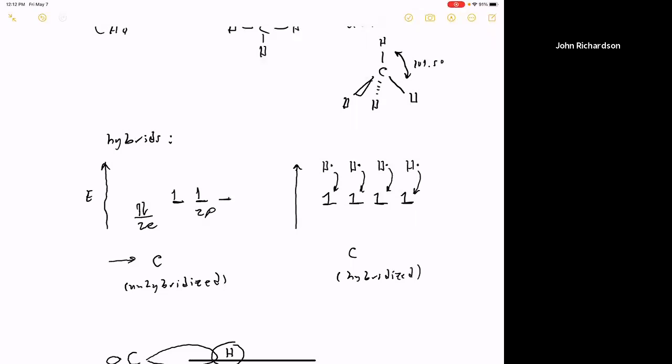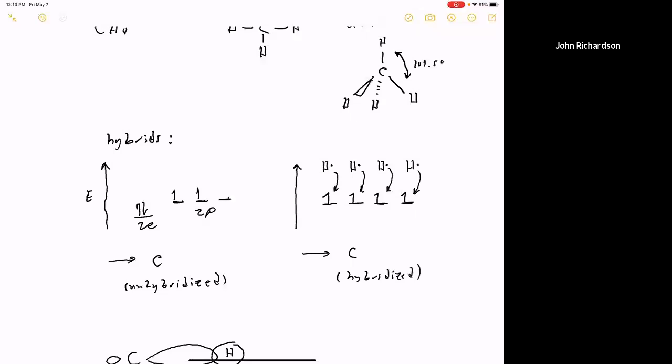So I want to make hybrids out of these. I'm going to make something that looks a little bit like an s orbital and a little bit like a p orbital. By doing this, I bring the energy of the s orbital up a little bit and the energies of the p orbitals down a little bit. So now I end up with the hybridized carbon on the right. Notice I have the four orbitals that I originally had, but now they all lie at the same energy, and I can distribute the electrons equally amongst them.